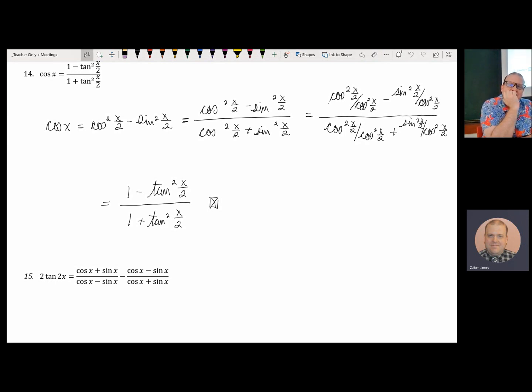2 times tangent of 2x is equal to that. What would be the obvious starting place? Left-hand side or right-hand side?